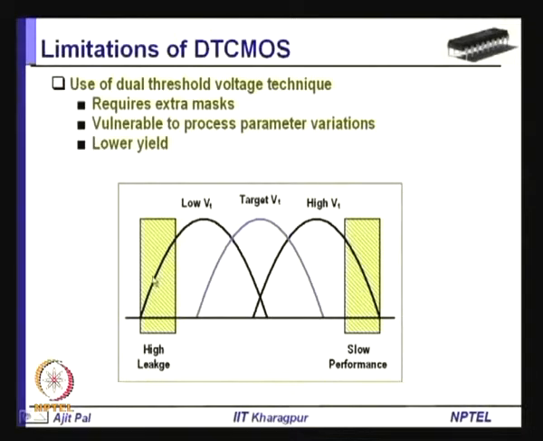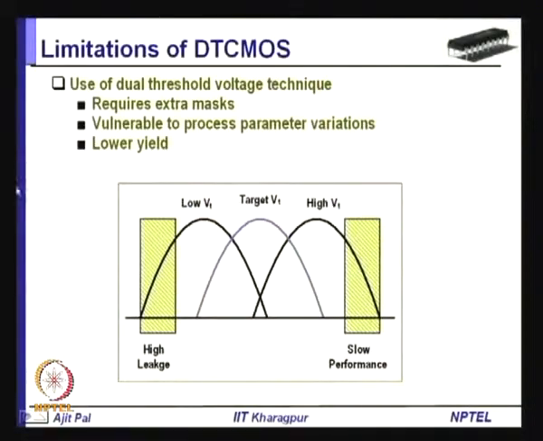So, here you can see the use of this dual threshold CMOS technique not only requires extra masks, but the circuits are also vulnerable to process parameter variations, and this leads to lower yield. That means this dual threshold CMOS implementation has an inherent limitation of lower yield.